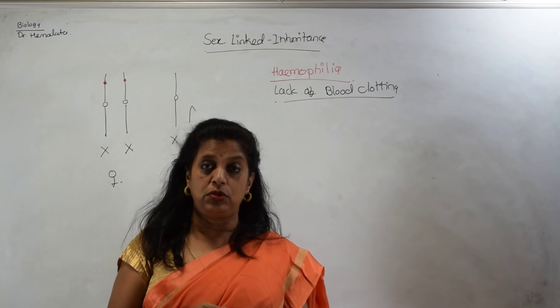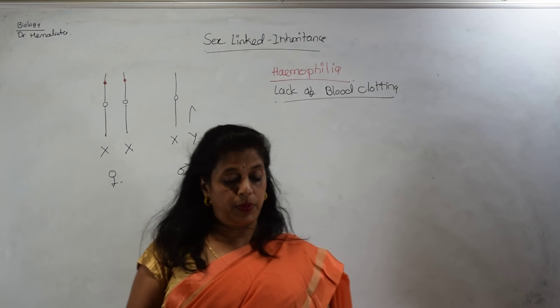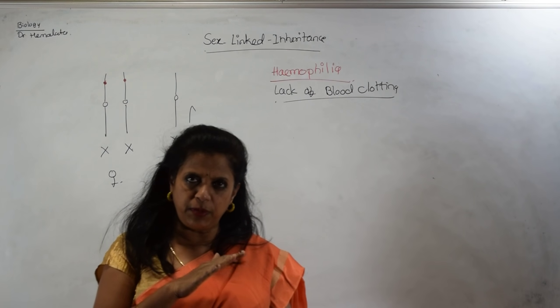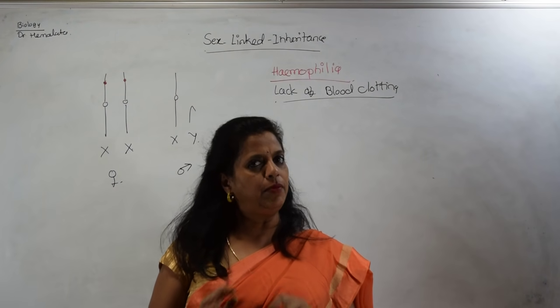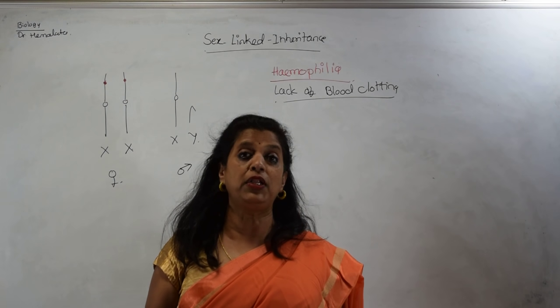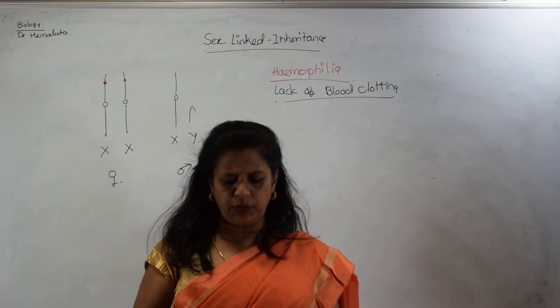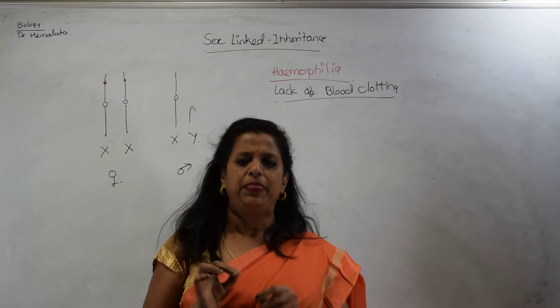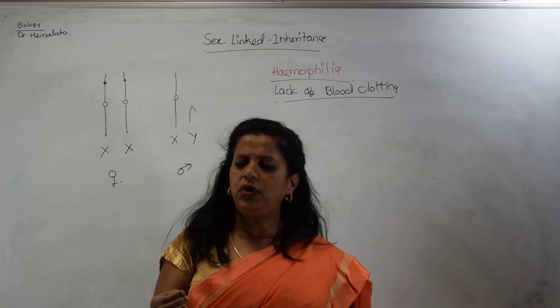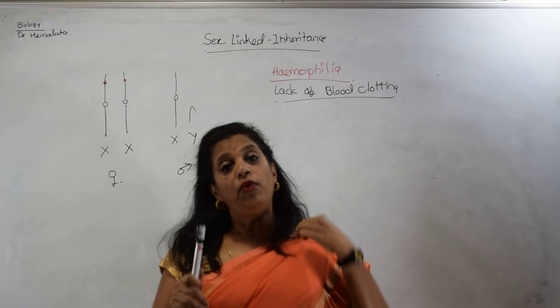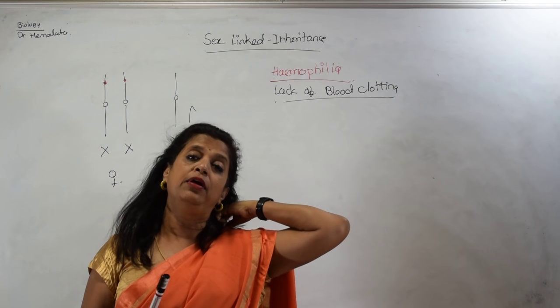But normally in our blood, if we get a wound, within 3 to 5 minutes it will clot and bleeding will stop, depending upon the size of the wound. If the wound is very small, it will heal very fast. Suppose you get poked by a pin, within a second it is over, right? But with hemophilic patients, it will not happen.